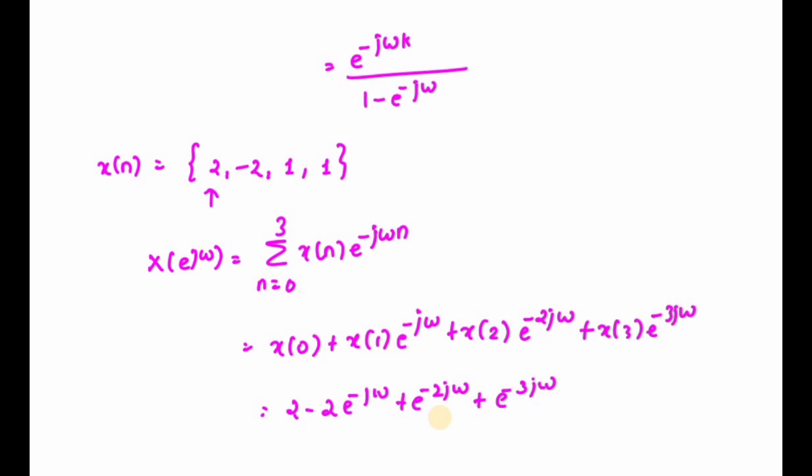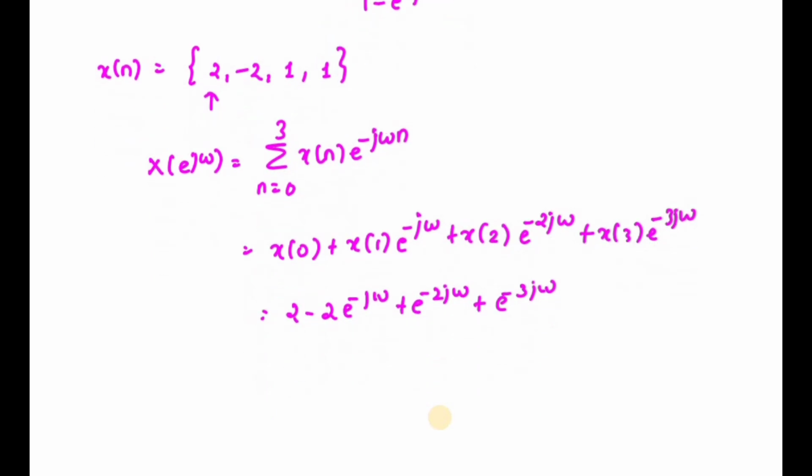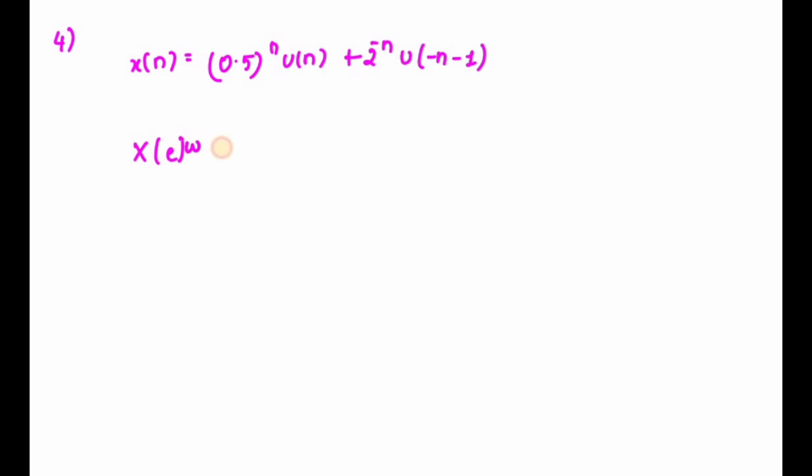Suppose they have given the fourth problem. X of n is equal to 0.5 power n u of n plus 2 power minus n u of minus n minus 1. So what will be the value of X of e power j omega?